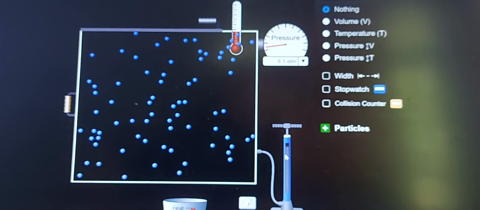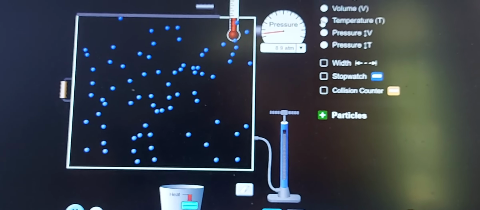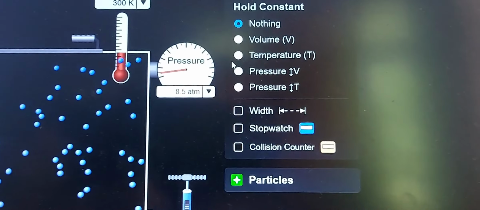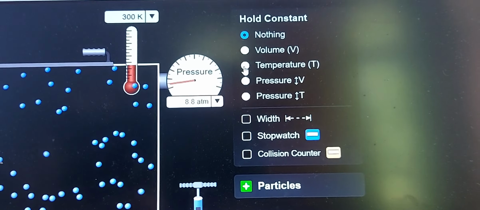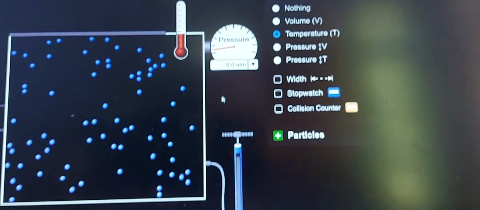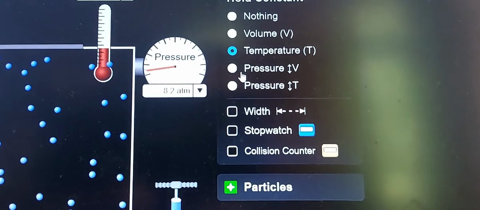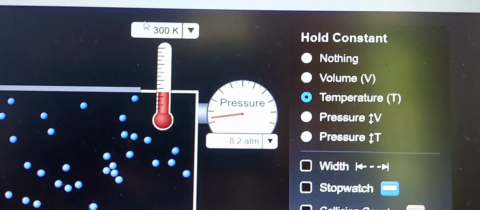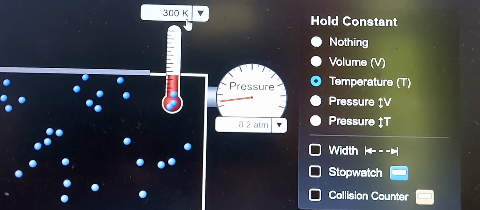Yes, sir. So, the procedure says let us try to put the system at constant temperature. Okay? So, I kept the temperature constant, and the temperature, which is kept constant, is 300 Kelvin.